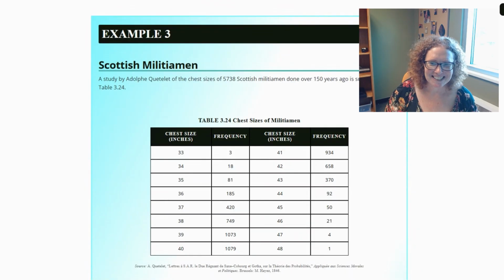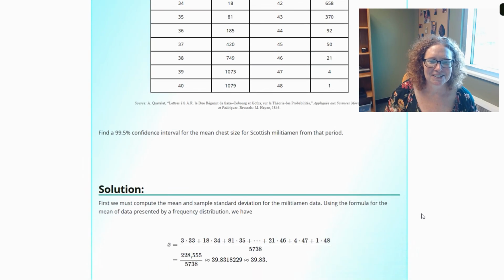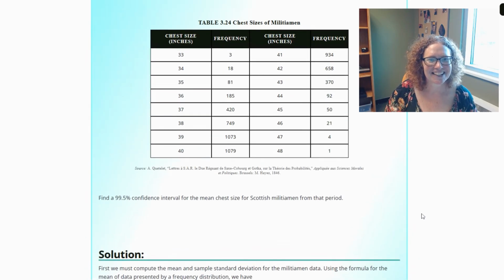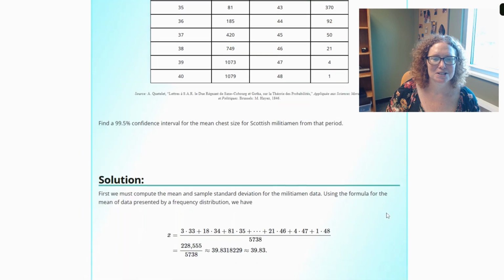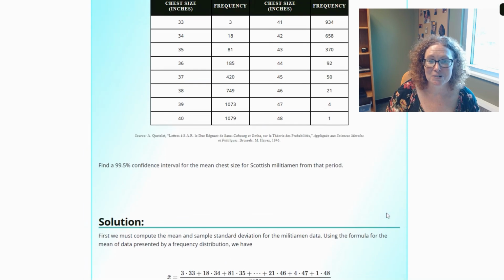Scottish militiamen from over 150 years ago, we got their chest sizes. I don't know how, why, but anyway, we do. And we want a 99.5% confidence interval for the mean chest size for the Scottish militiamen for that period. What is that? So in here, again, we have frequency.